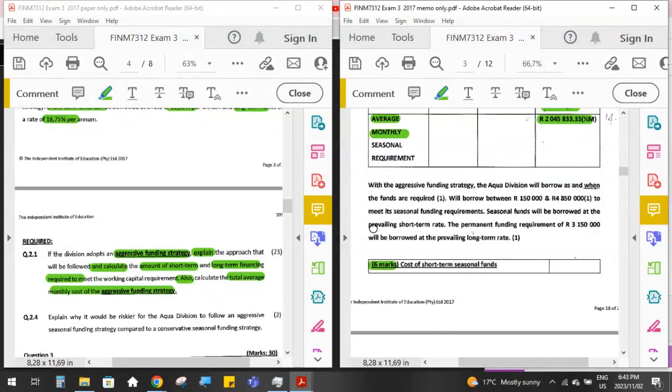Seasonal funds will be borrowed at the prevailing short-term rate, and the permanent fund requirement of 3150 will be borrowed at the prevailing long-term rate. So there's your explanation. Short and sweet, simple, but it must contain all of the facts. And let's have a look here. There were 3 marks allocated to that explanation.